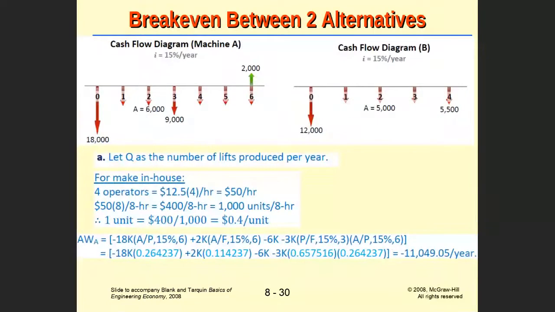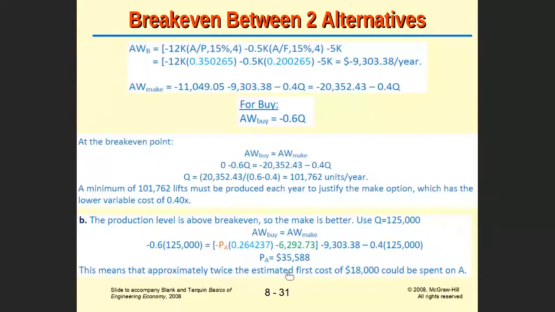So basically, you go back to the step where you had all the fixed cost for the making option and solve the equation for the first cost, or initial cost, of machine A. For the buying option, nothing changed because the quantity is given, the 125.